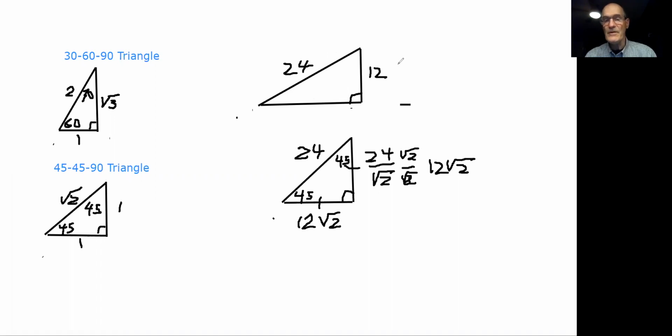So that's the type of thing that you notice as you work through your problems. The relationships are always there. And if you have a right triangle and those relationships exist, you know exactly what the angles are without even having to do any calculation.